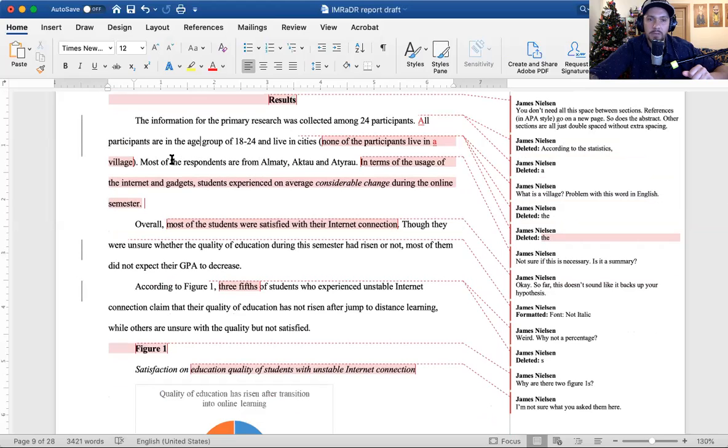And then we have some wordiness here. All of the participants are in the age group of 18 to 24 and live in Almaty, Aktau, and Atyrau, or whatever, right? That's it. This is a little bit complicated. None of the participants live in a village. Because the word village in English is really complicated, because we don't really use that word much.